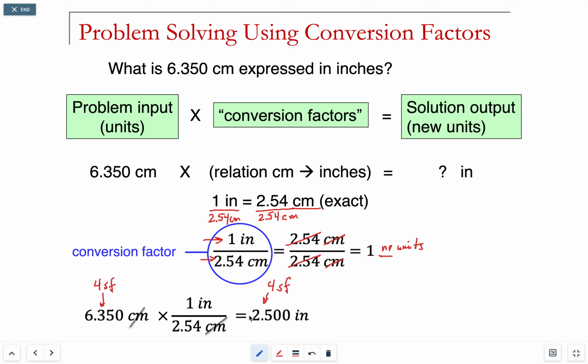The other important thing is that it's possible to construct a different conversion factor, right? If I divided both sides by 1 inch instead, so I have the same relationship, now divide by 1 inch.